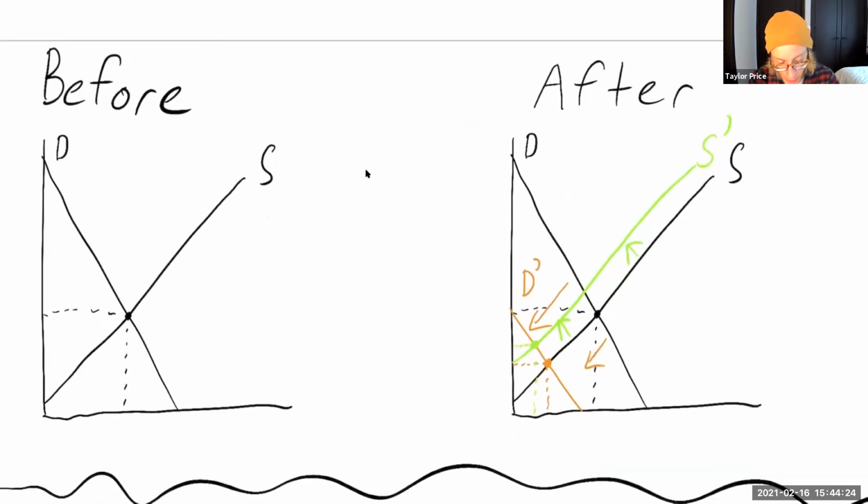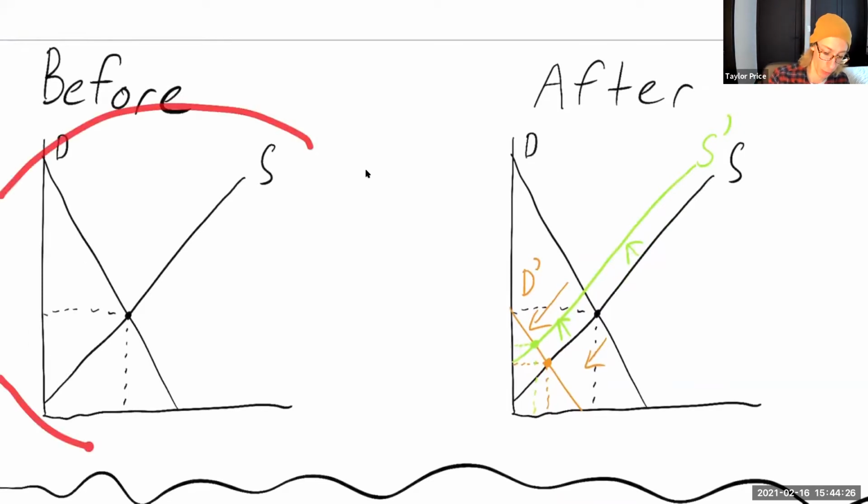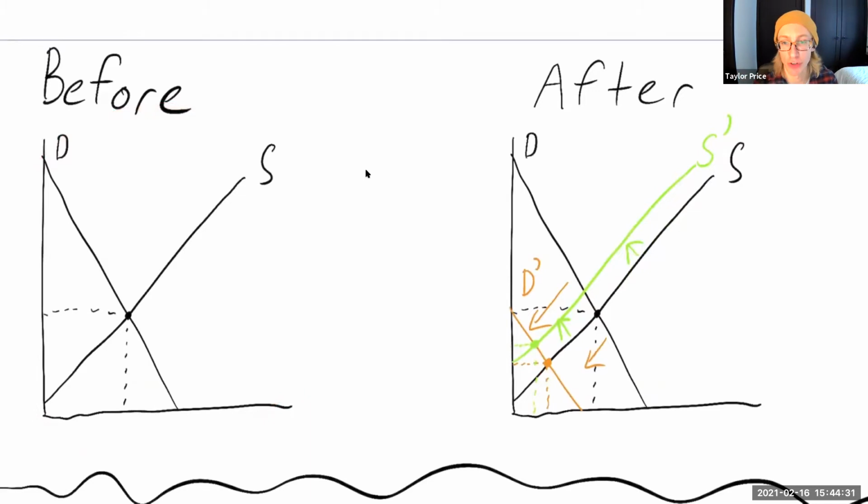When we look at the prior, this is the before example, we see demand and supply. But after, and this is really important, this gets at demand and supply shifts. At first, the pandemic decreases demand for eating at a restaurant. That's represented here by the demand curve moving from here to here. So this is the new demand curve.